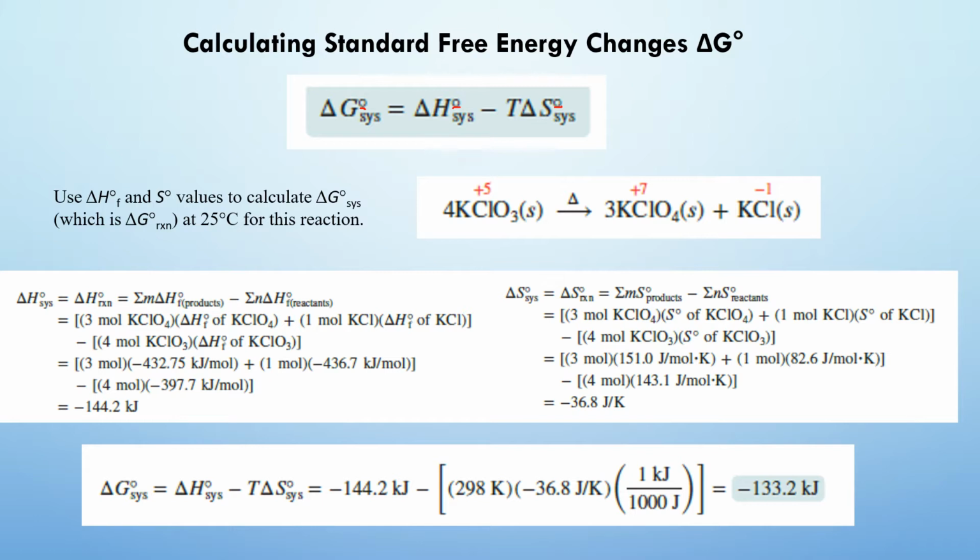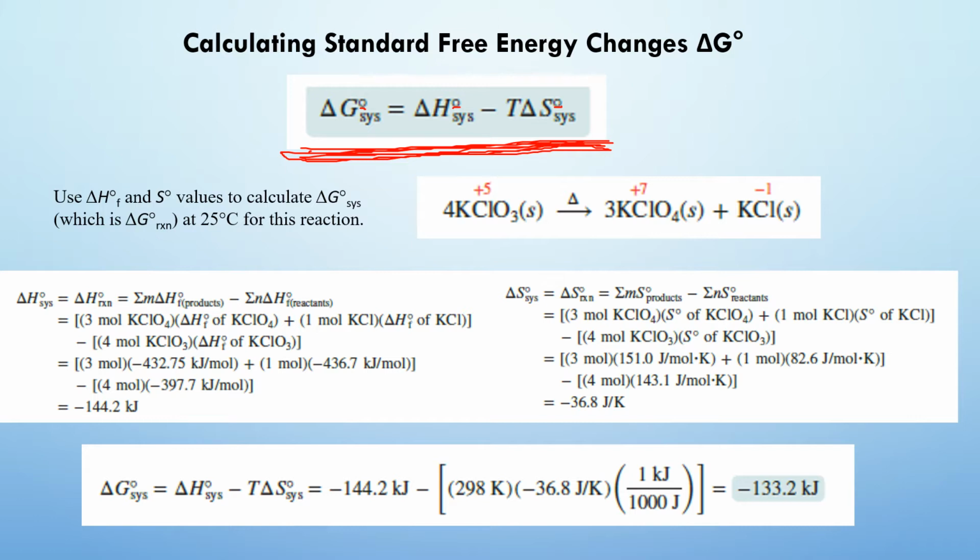Using this equation, if we know the standard delta H and delta S for a chemical reaction, then we can calculate the standard free energy delta G naught.